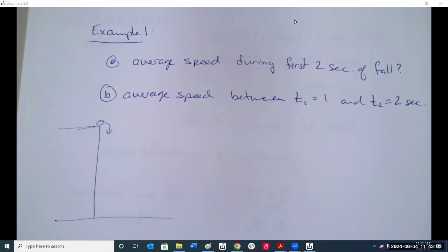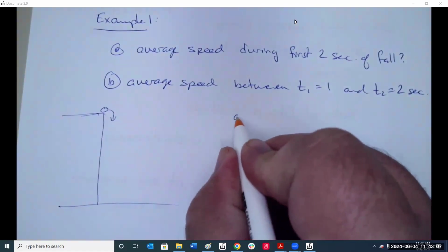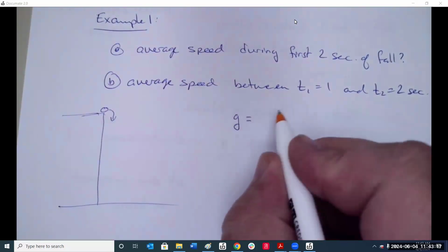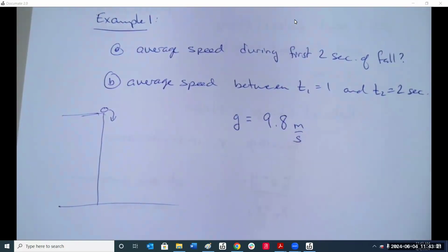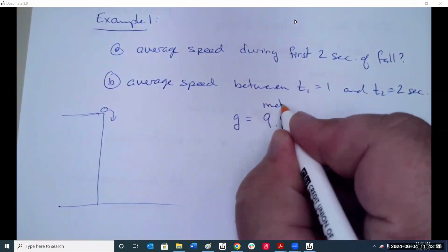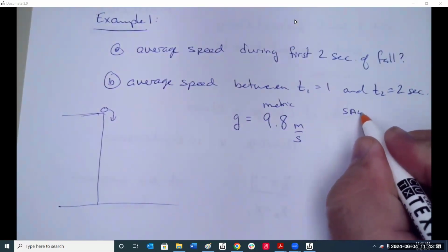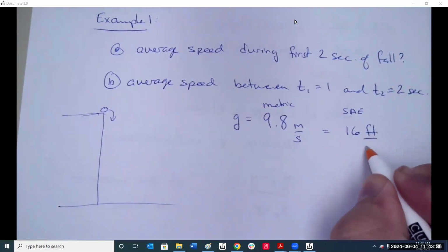What force acts upon a falling object? Gravity. What is the force of gravity? What is the speed of gravity? If you deal with metric, it's 9.8 meters per second. That's metric. If you deal with the SAE, which is American, you use 16 feet per second.